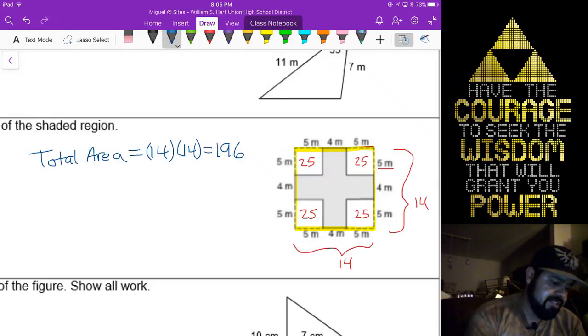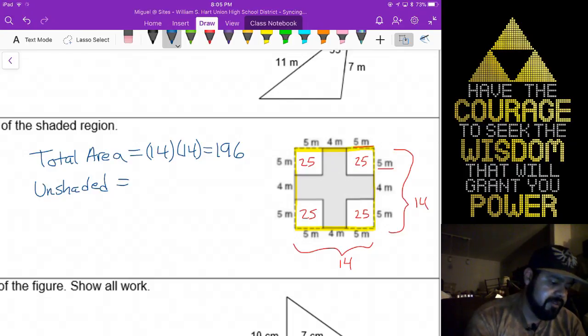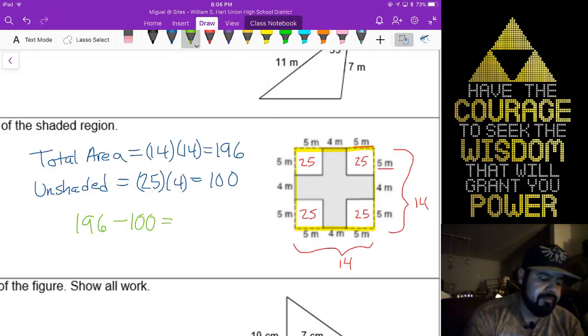Those 4 regions is just 25 times 4, since you have 4 of those areas, which is 100. So then you're going to want to do 196 minus 100, and that'll give you a nice 96. And again, don't forget your units.